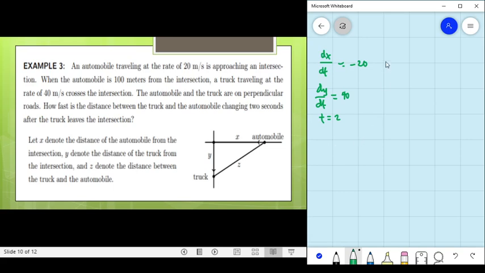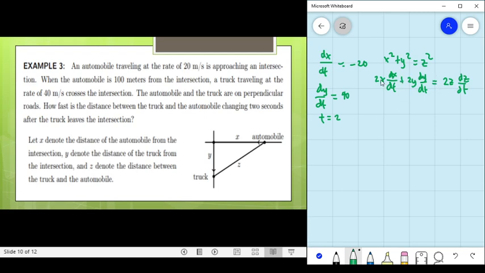Okay? So the equation we are going to use is x squared plus y squared equals z squared. Finding the derivative of x squared, it should be 2x dx over dt, and then 2y dy over dt, and 2z dz over dt.